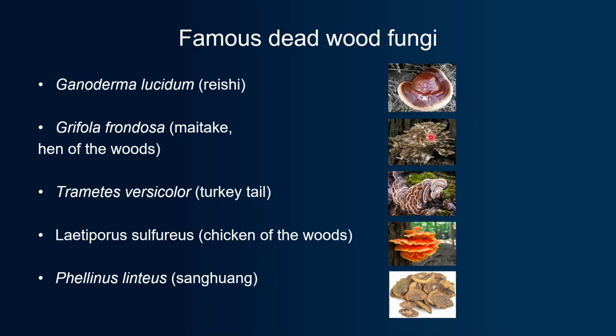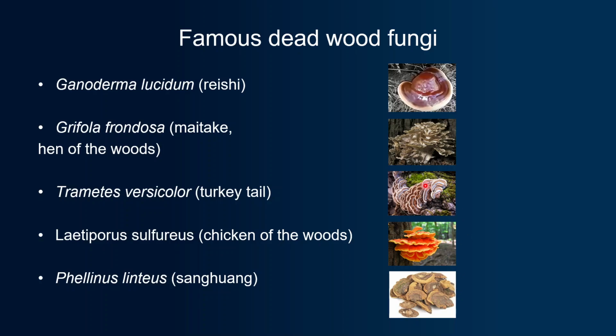Hen of the wood and chicken of the wood are edible mushrooms that we can collect, cook, and eat. Turkey tail has the same kind of famous name as reishi, as does Phellinus linteus, which is Sanghuang, also famous in China.